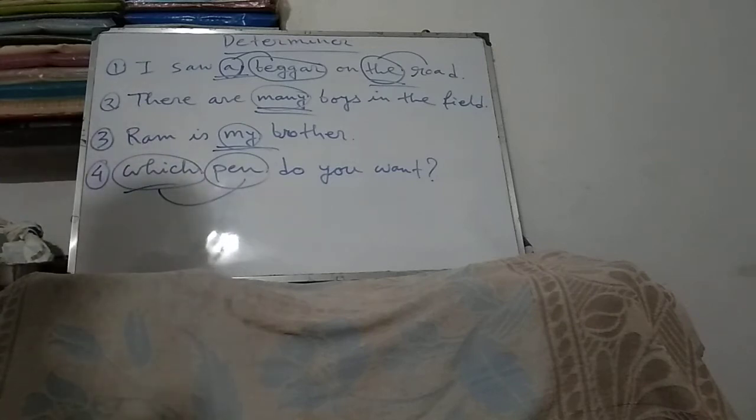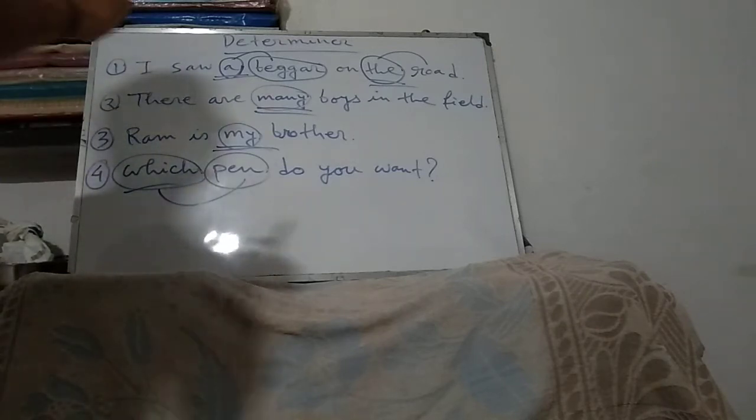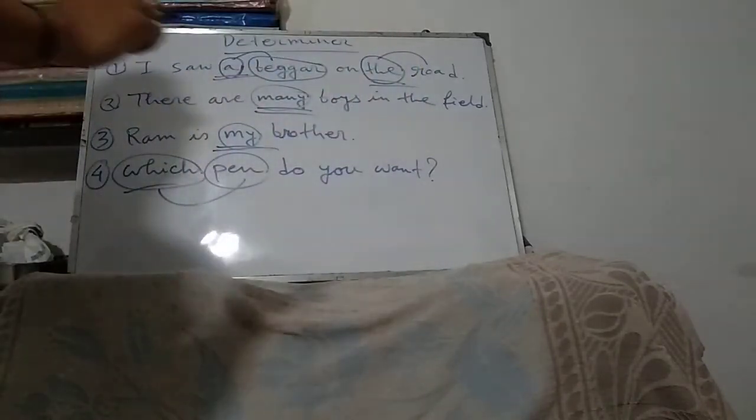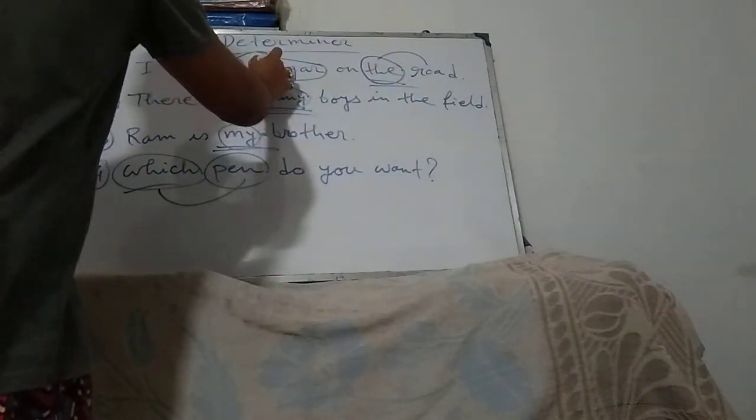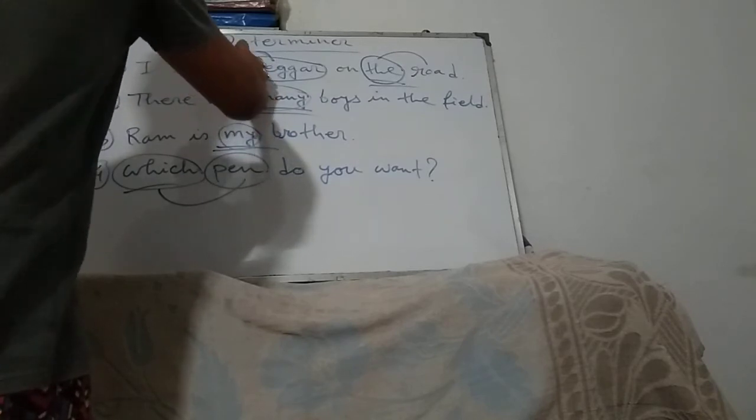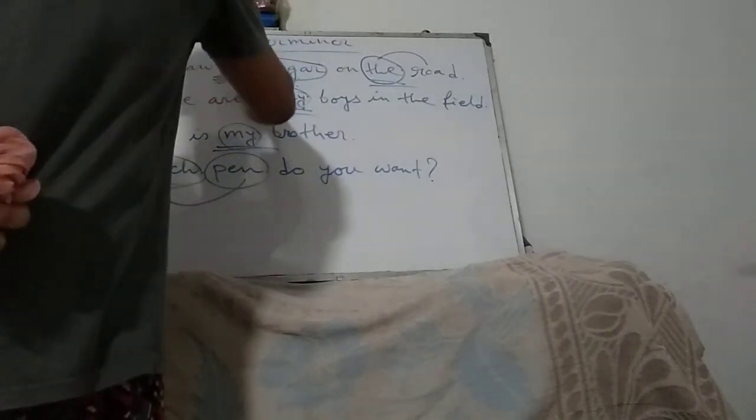But surely you must note that a determiner must take a noun after it. This is the main point. A determiner always takes a noun after it. Look here, a beggar. A is followed by a noun.